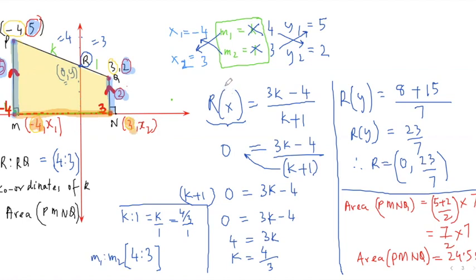From -4 all the way to 3, the difference of the two will be 7. That's okay, right? So that's how we solve this bit here, and you get the answer 24.5 square units. All right, you want to make a note of this, you can.